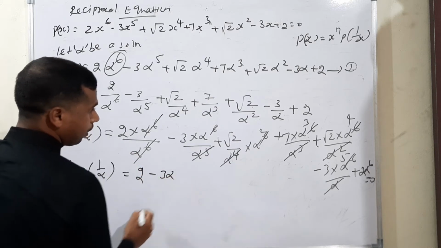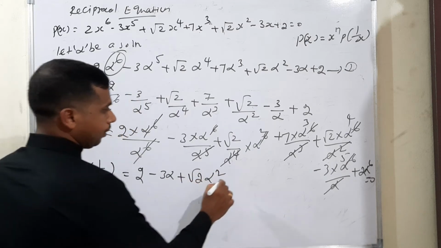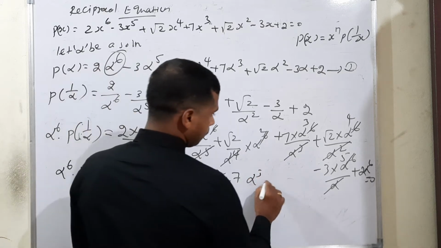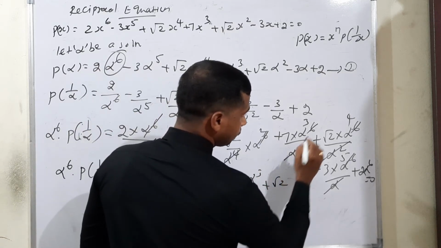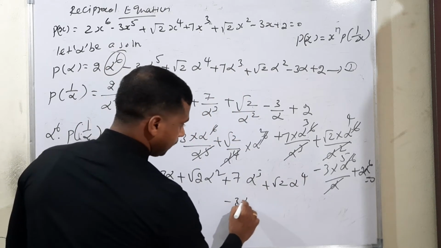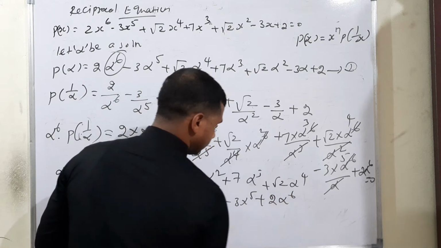Therefore, after cancellation, alpha power 6 into P of 1 by alpha is equal to 2 minus 3 alpha plus root 2 alpha square plus 7 alpha cube plus root 2 alpha power 4, next minus 3 alpha power 5, last plus 2 alpha power 6. Just reverse it.